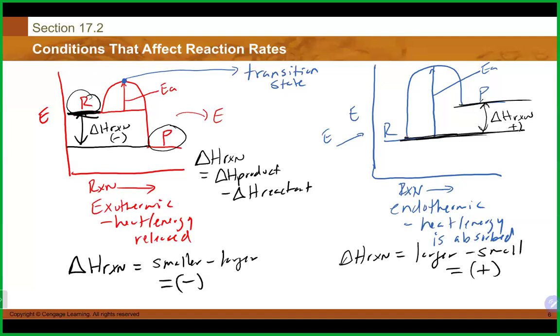As you might remember, in most cases, if you're doing something with energy, if you end up with a negative value for energy, that usually implies some type of exothermic process. Energy is being released. And if you end up with a positive number, that usually implies that an endothermic process, or energy being absorbed, is happening in this particular case.